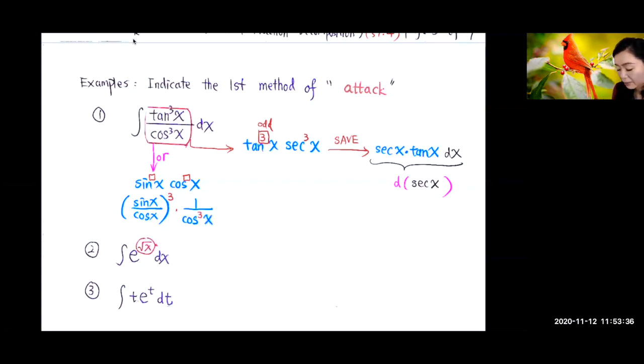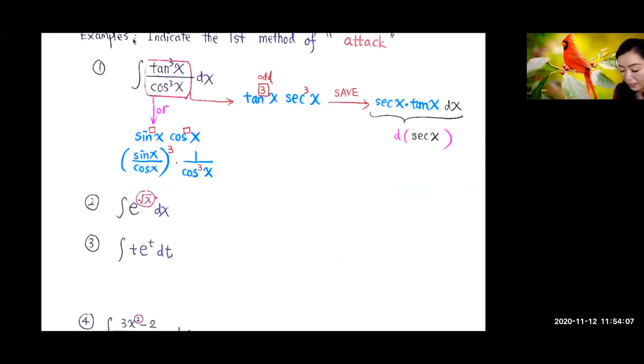Now if I express tangent as sine over cosine, I am able to rewrite this function in this form, and this one is under the category sine times cosine, and that might work. So sometimes you can try to change them so that it is in terms of sine and cosine. Any question?